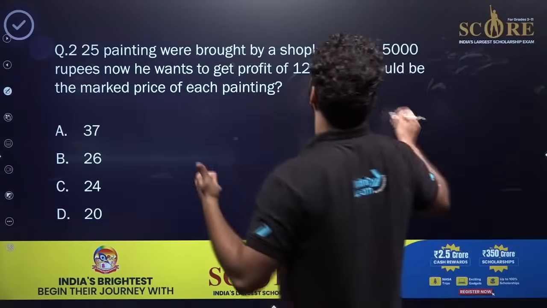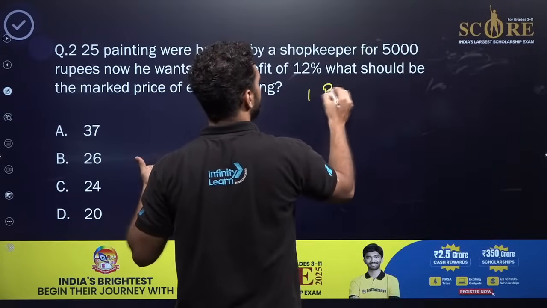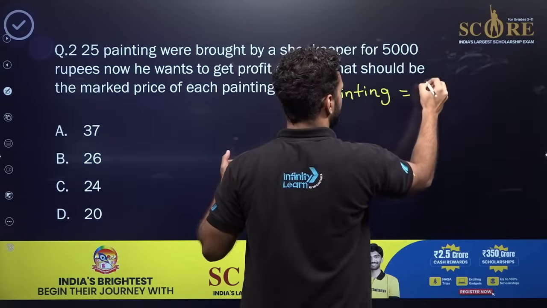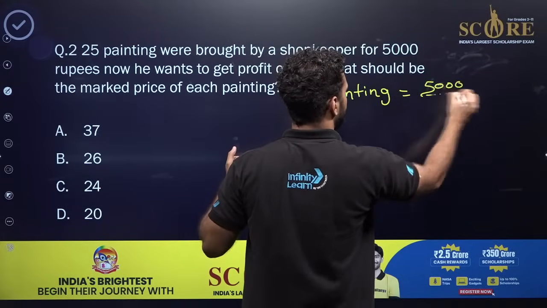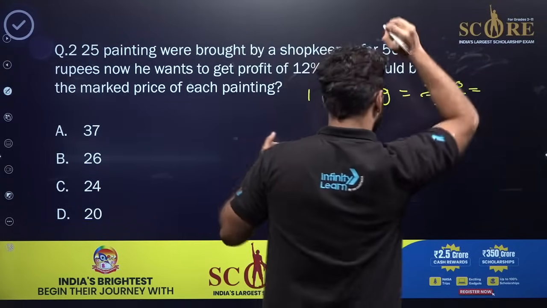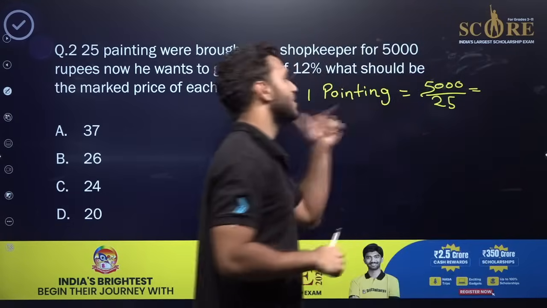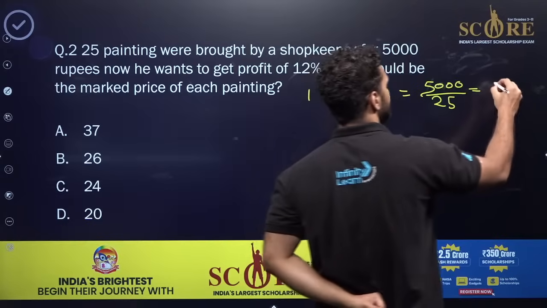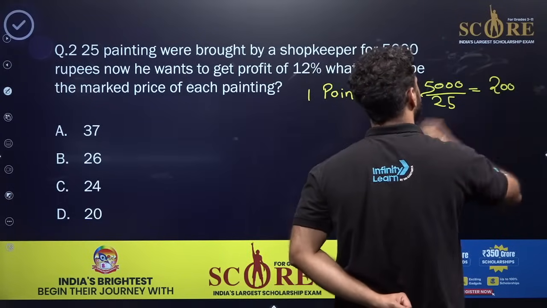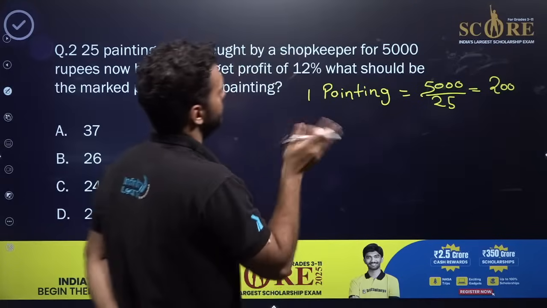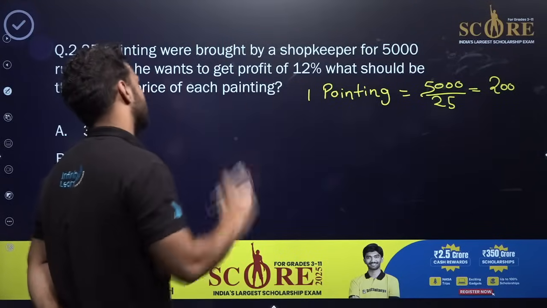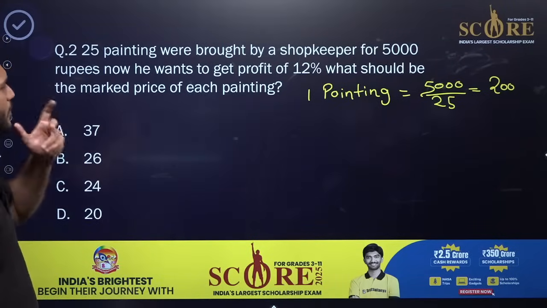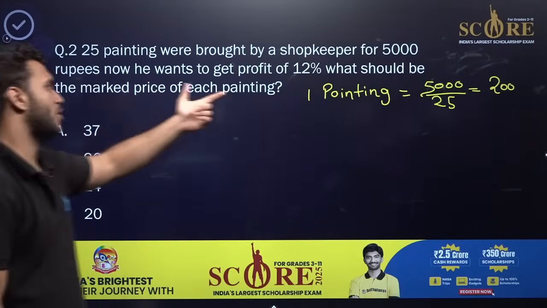One painting is equal to 5,000 divided by 25, this will be the cost of one painting. 5,000 upon 25, what will I get here? 200. Now what they are asking is that the shopkeeper wants to get a profit of 12%.